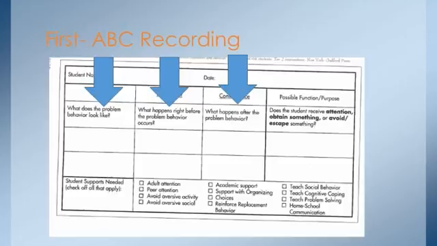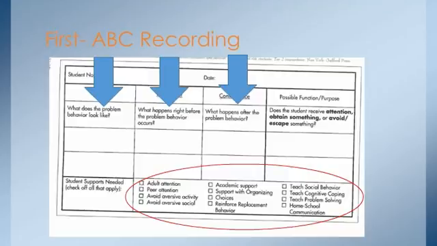So you're really thinking about those things the whole time you're watching the student, and there could be multiple problem behaviors. You're going to choose one to work with. And this part is important, the supports that are needed. Which of these components do you need to help with your plan?